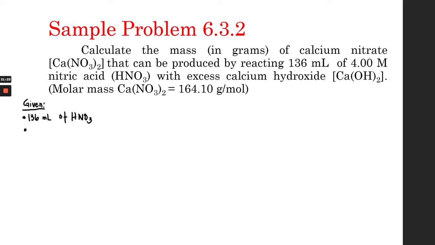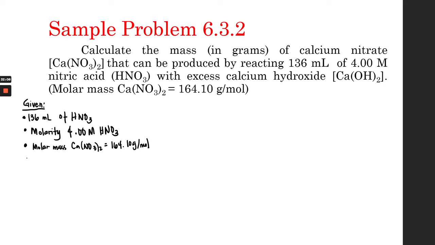Next, they also gave us the molarity, so we have 4 moles of nitric acid. And then they also gave us the molar mass of Ca(NO3)2, which is 164.10 grams per mole.